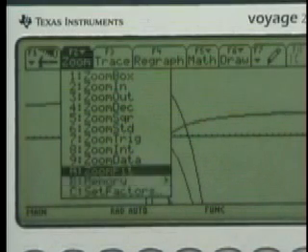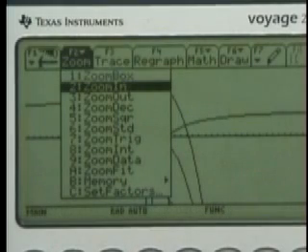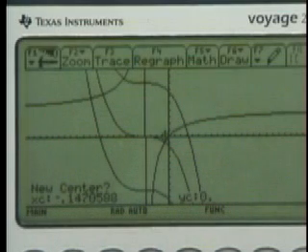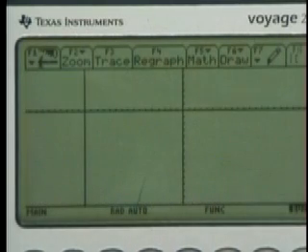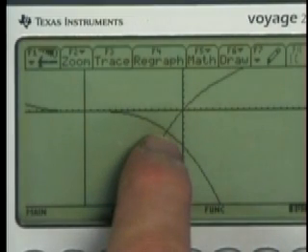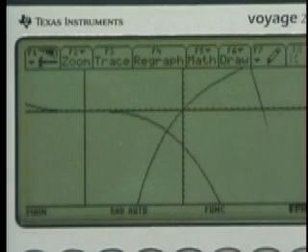I can zoom into whichever one I want. I'll zoom into this one down here. So there's my first equation, and then here's one of the ones that's supposed to be orthogonal. You can see that right at that point, they are perpendicular to each other.